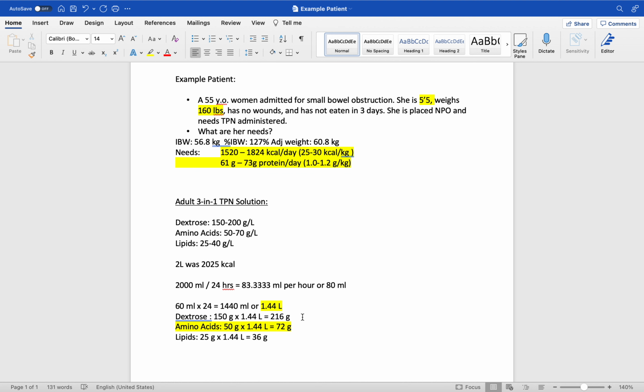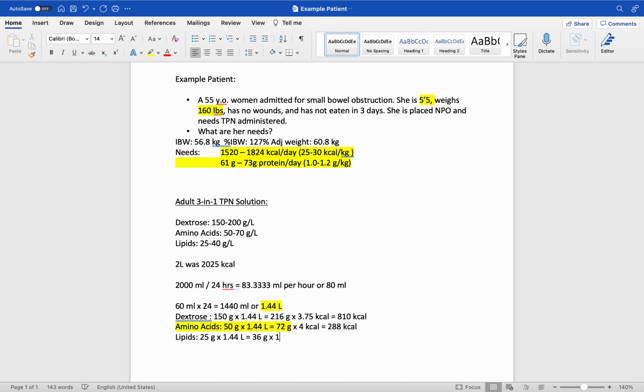So now let's get our calories. We have our grams. Let's get our calories. So let's start back with dextrose. So 216 grams times 3.75 calories equals 810 kcal from dextrose. 72 times 4 kcal, because we get 4 calories per gram for protein. 72 times 4, 288 kcal from our amino acids.